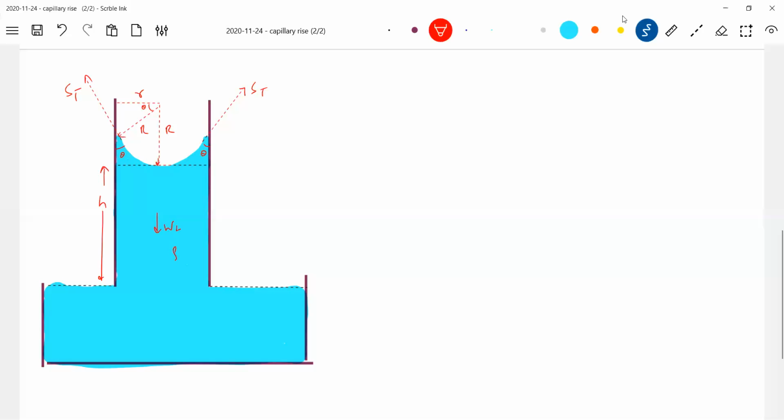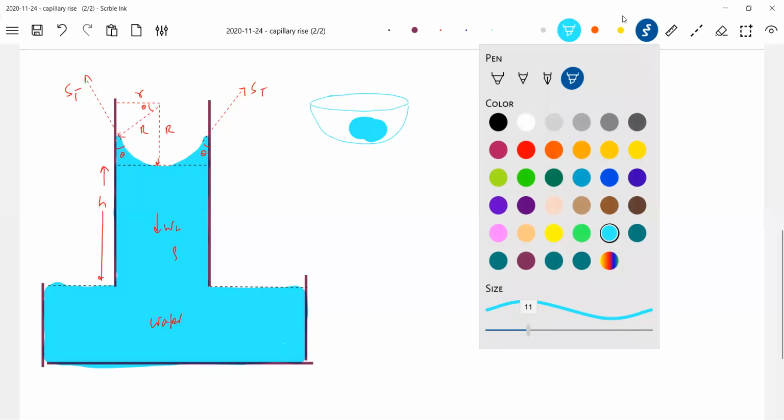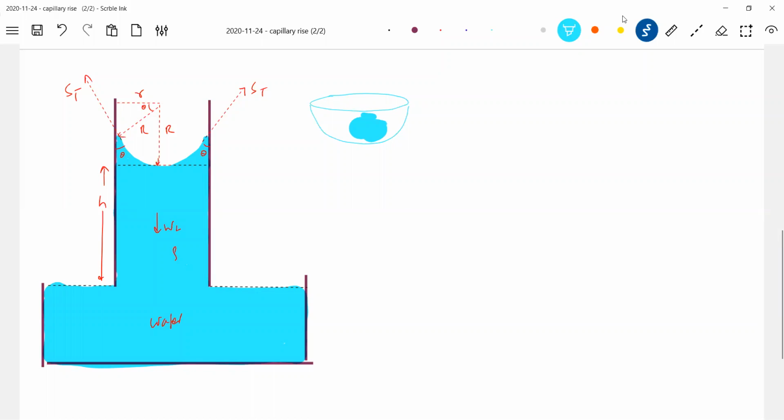Who will balance this weight of the liquid column? That's my question. Definitely the force due to surface tension. If you look at the meniscus, how will the meniscus be? The meniscus should be of this particular shape. Please do follow the basics. You have very beautiful questions in this topic; only the student will not minutely observe things.